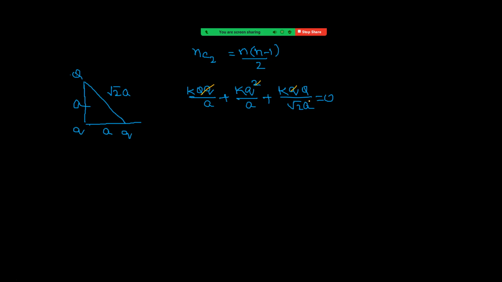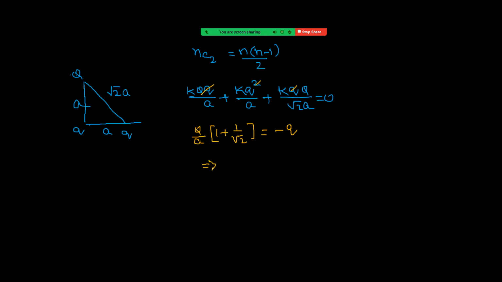We want to calculate capital Q, so I can take capital Q common: capital Q by a times 1 plus 1 by root 2, that is equal to, having taken these two, the remaining is minus q.